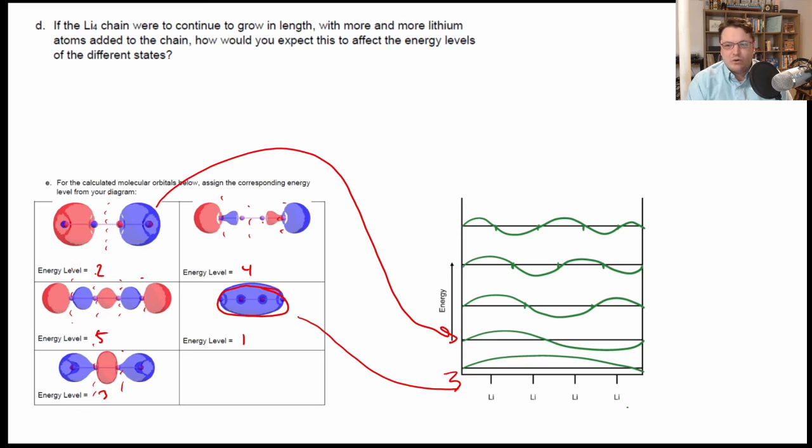I didn't use that many cores, but you can take the stuff that we have and apply it to these orbitals and get a pretty good approximation of what's going on.